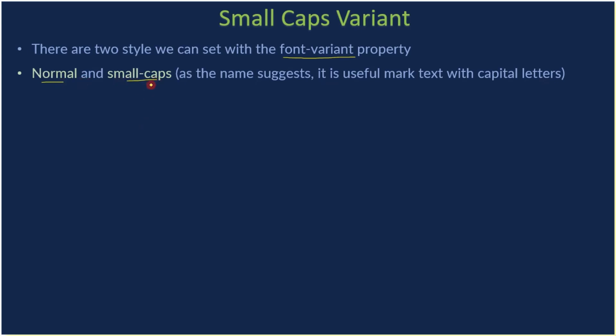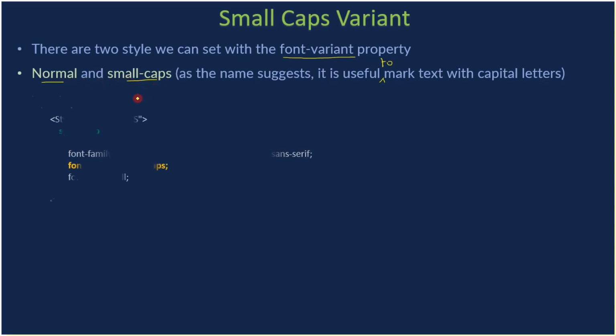Small caps, as the name suggests, is useful to mark text with capital letters, but the size of the font will be somewhat reduced compared to the original normal font. That's why we call it small caps.